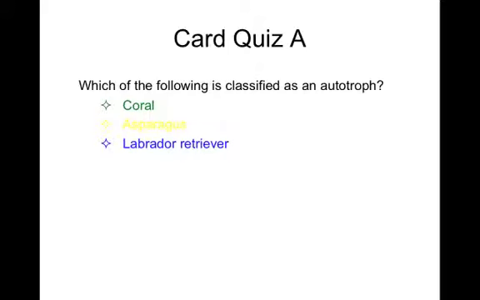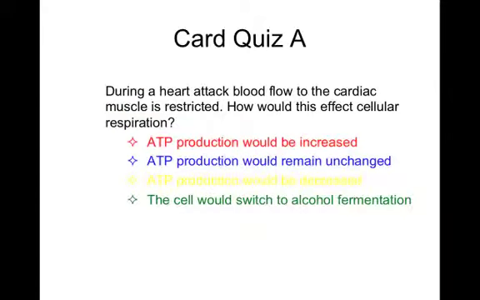Which of the following is classified as an autotroph? And during a heart attack, blood flow to the cardiac muscles is restricted. How would this affect cellular respiration? Remember, the blood is what carries the oxygen.